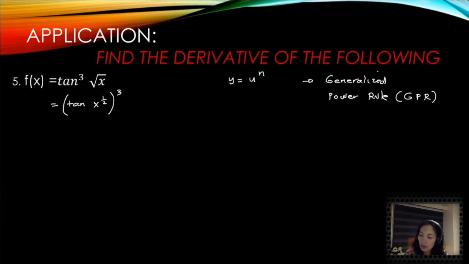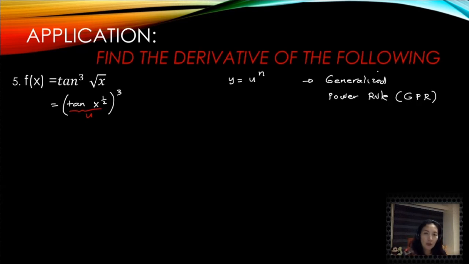So if this is u to the n, then what is our u? The u is tangent of x raised to 1/2.